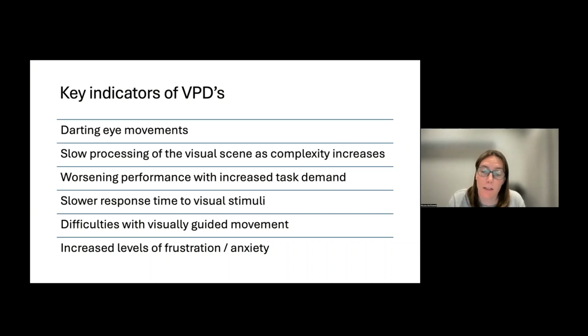Slower response time to visual stimuli: there's a delay in when they first see a visual scene, and it's that processing time in terms of understanding what they see. Difficulties with visually guided movement, and then also increased levels of frustration and anxiety. The visual issues also cause an emotional reaction, so children with visual perceptual difficulties, CVI, often have emotional regulation difficulties.